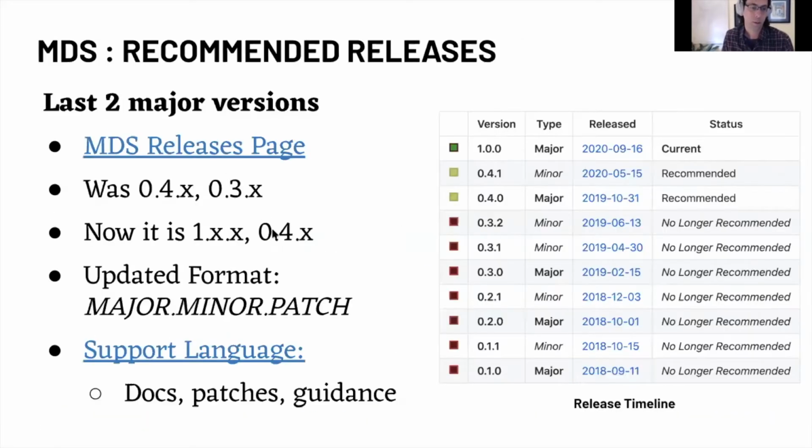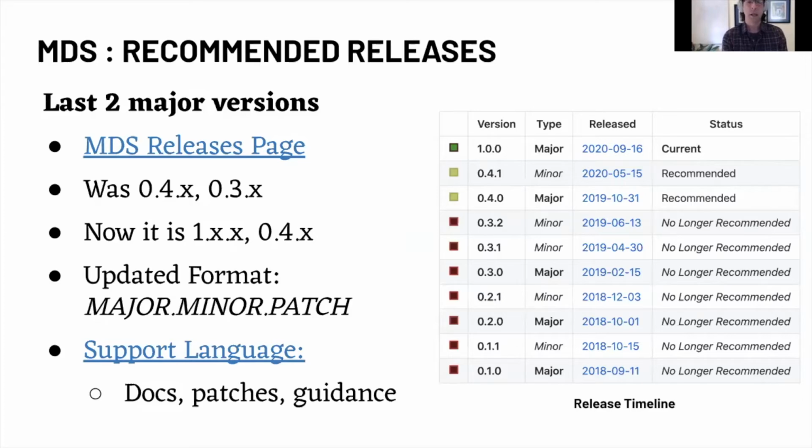Let me go back one. So this is a chart of all of our releases and what we recommend people to use. So we recommend the last two major versions, including all their minor versions under that. So that means previously, before this release, it was the .4 and the .3 releases, any of those. And now with the 1.0 release, it's the 1.x and the .4 releases.